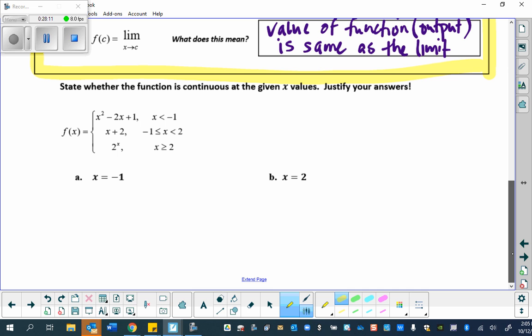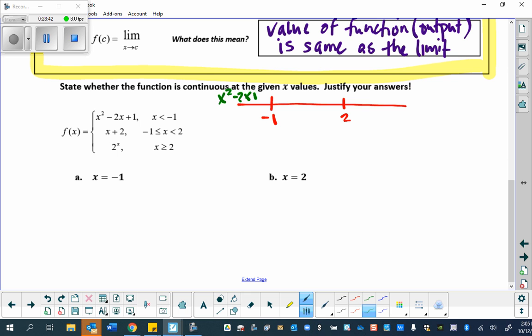So the kind of questions we ask you are, is it continuous at these values? State whether the function's continuous at the given x values. So let's go ahead and talk about this one. If I think about my number line, I can tell I have some crazy stuff happening at -1 and at 2. If my input value is less than -1, this is the function that I'm using.